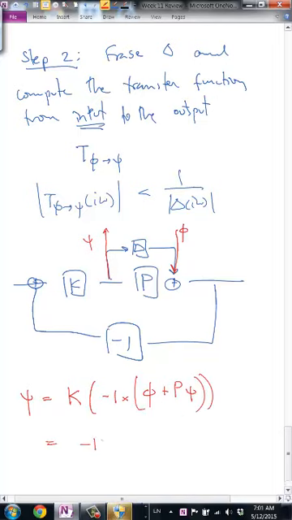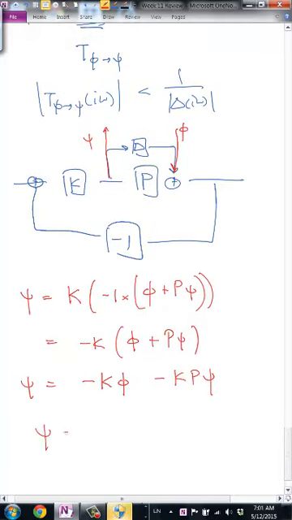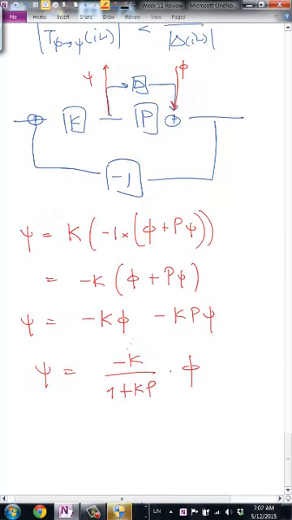I need to distribute this minus 1. So it's equal to minus K, bring the minus 1 outside, times phi plus P times psi. Or in other words, psi is equal to minus K phi minus K P psi, or psi is equal to minus K over 1 plus KP times phi. What's the small gain condition? So this is the transfer function from phi to psi.